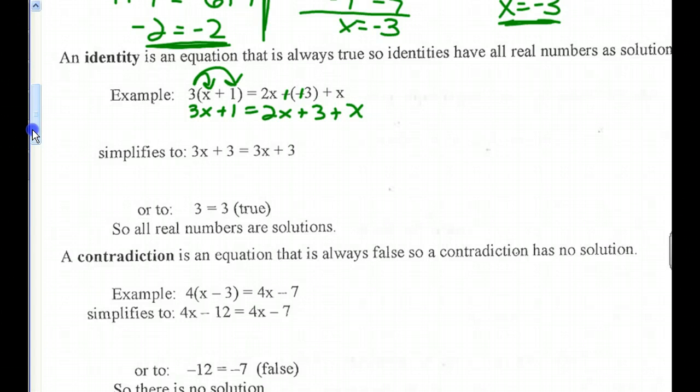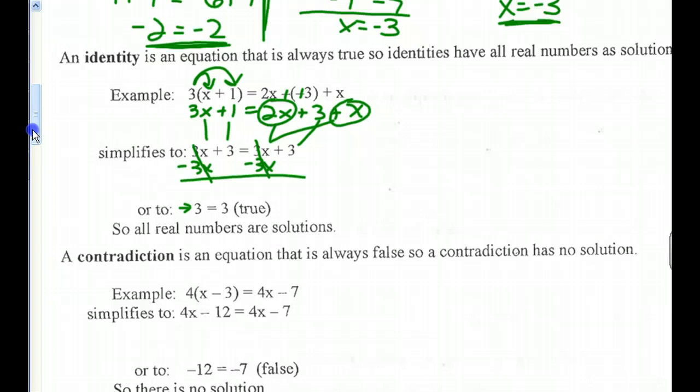Well, then we combine our like terms on this side, 2x plus x, and we get 3x plus 3, and just bring this down. Then what do we do? We subtract the variable from both sides. This is 0, this is 0, so we get right here 3 equals 3.